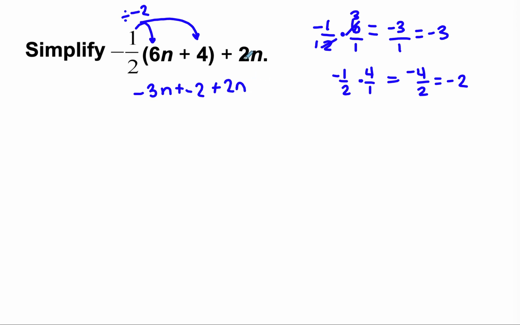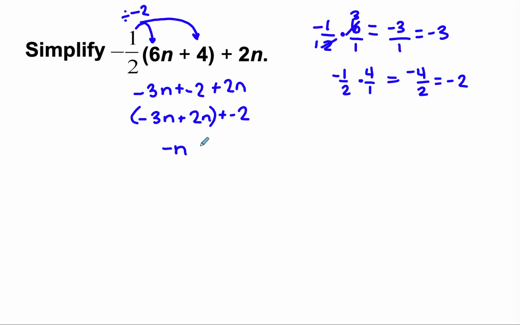Okay, so now that I've done that, I'm ready to find and combine my like terms. So I'm going to use commutative property. I'm going to rearrange it. -3n plus 2n plus -2. I don't really need parentheses here, but I like to do it just to kind of indicate where my like terms are. -3 plus +2 is a -1.